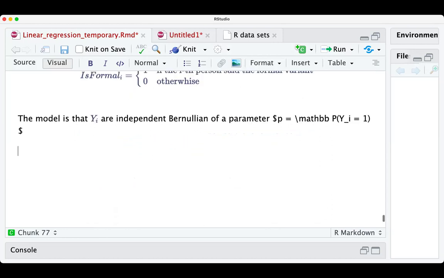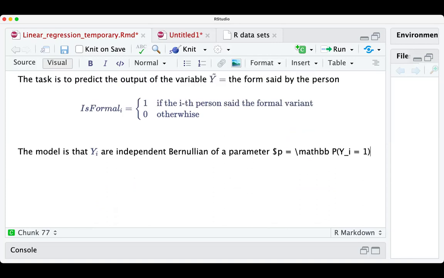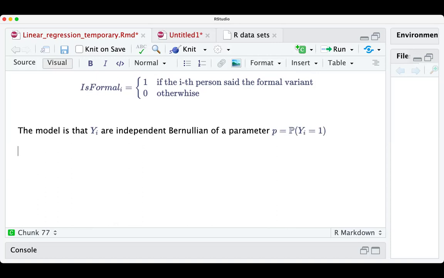Okay, how to estimate it? So let me define first this variable is formal, so that we will have it saved in the computer.